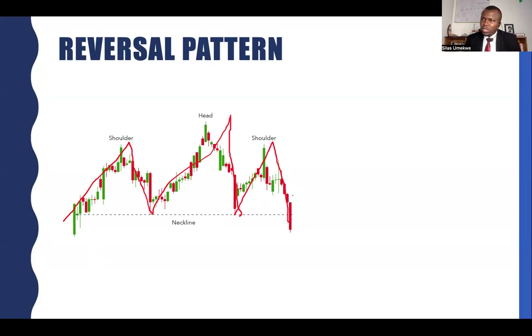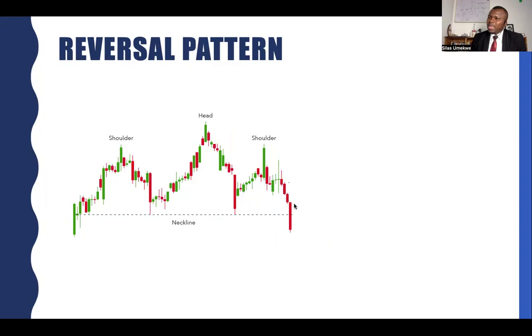Very important. You see this candle? This is the heart of this trade, right? This is the heart of this trade, this candle. Why did I say it's the heart of the trade? It's very simple.